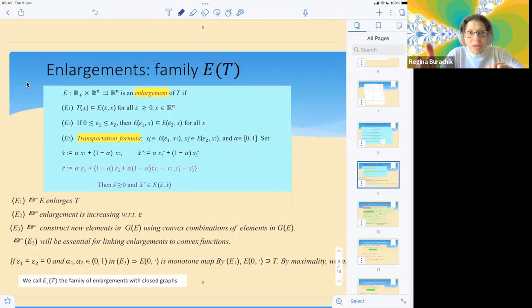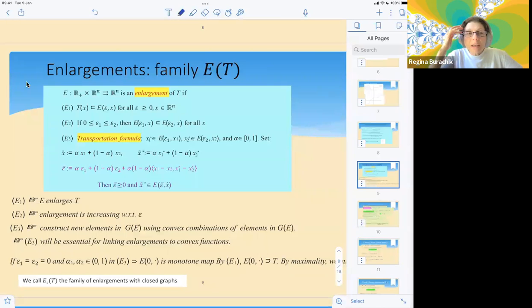I did not mention it here, but you can even show that the enlargement is Lipschitz continuous in the point-to-set sense, which is much stronger than inner semi-continuity. I didn't want to go into the technical details here, but the enlargement is inner semi-continuous.